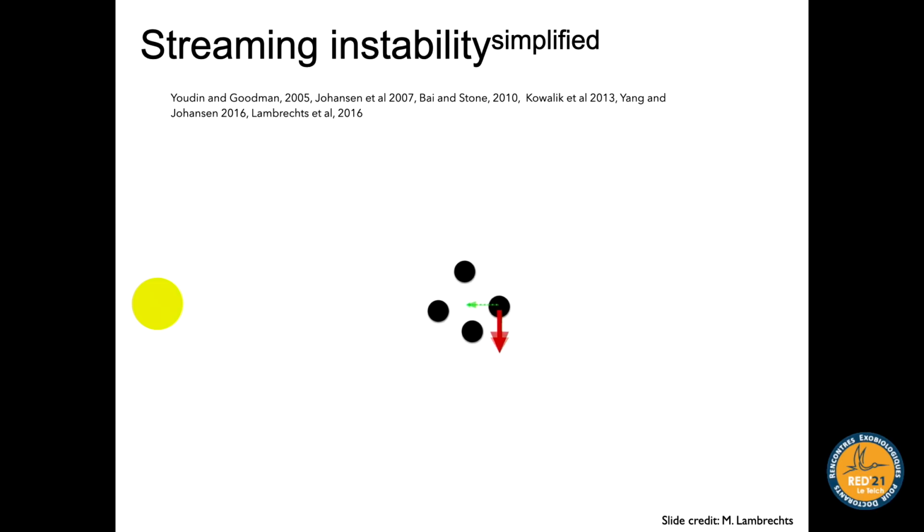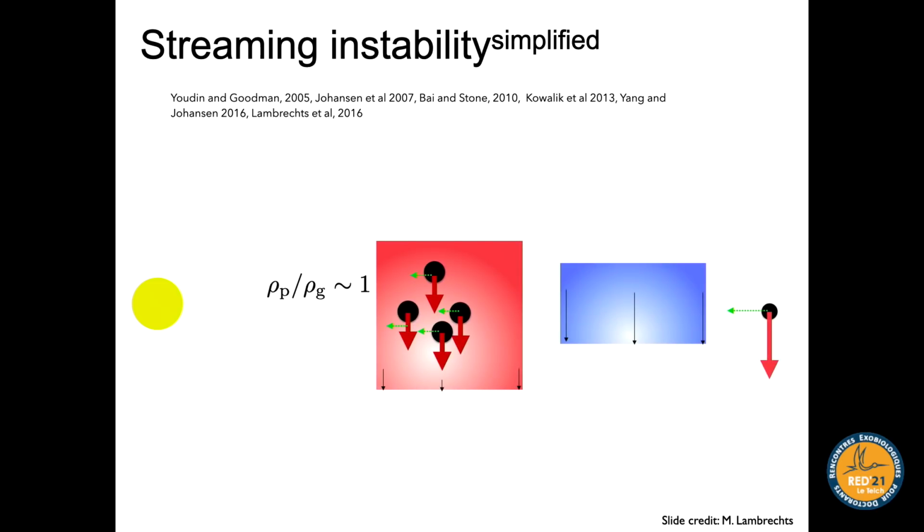And by chance, other particles can be close together. So when enough particles are close together, you have a concentration of solids relative to the gas in a local area. That can actually act to speed up the gas a little bit. And it changes this dynamic. If you have enough of these dust particles, then the dust is affecting the gas as much as the gas was affecting the dust.